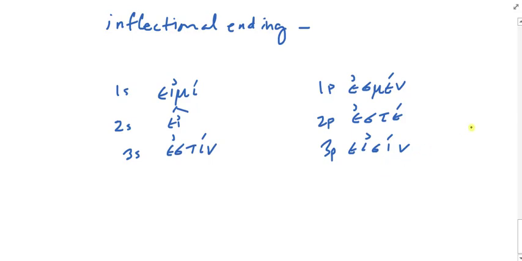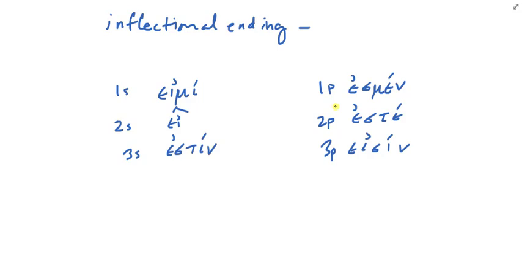Now, as I mentioned, these forms are marking just person and number, not gender. Some languages that you will learn, again, Hebrew is another example, they'll mark person, gender, and number. Okay, in Greek, we don't do that. So if I'm a woman and I want to say eimi, I'm going to use the same form as a man would use, eimi.